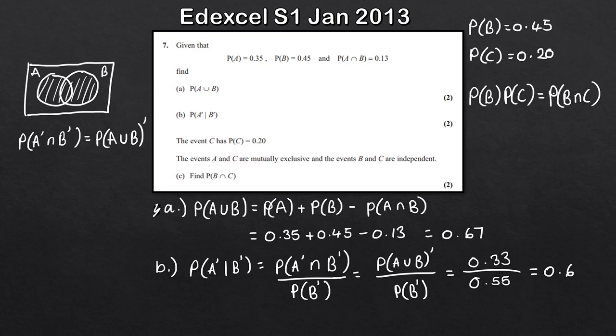So all I need to do to find my answer for C is just multiply these two probabilities together. So therefore 0.45 times 0.20. And if we evaluate this on our calculator, I'll just find 20% of 0.45. What you get here is 0.09. Okay, so this was for part C there, and you should get 0.09.